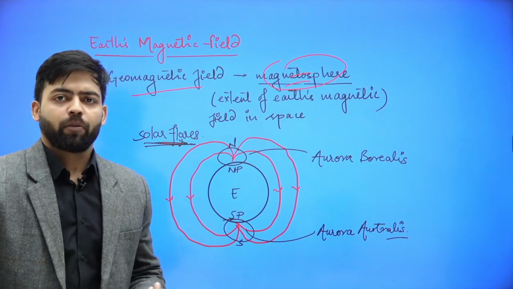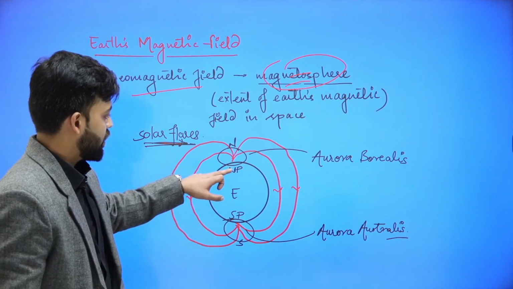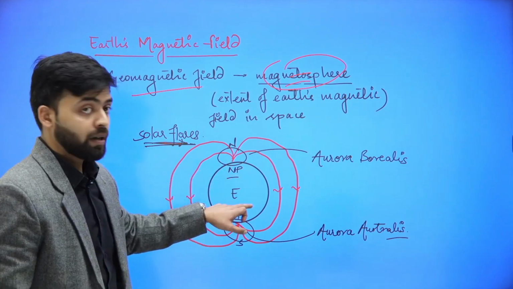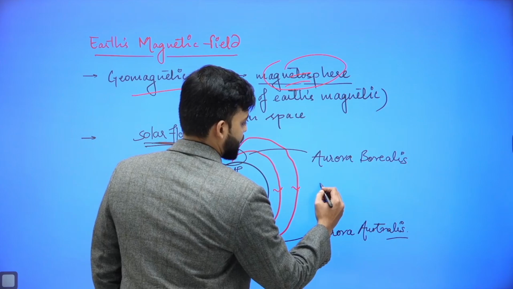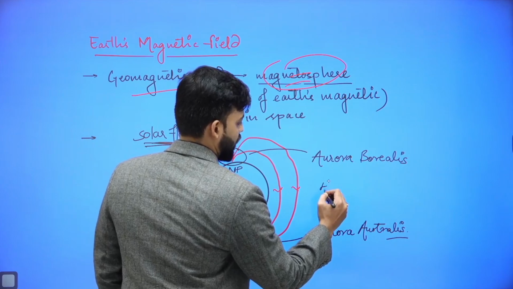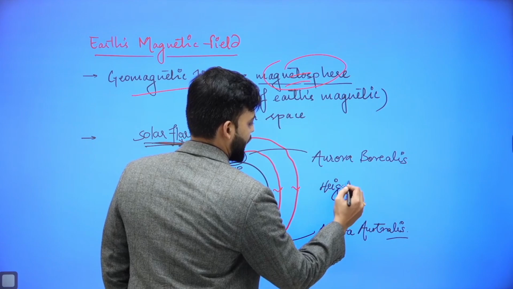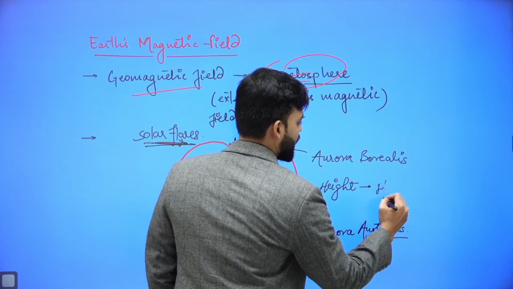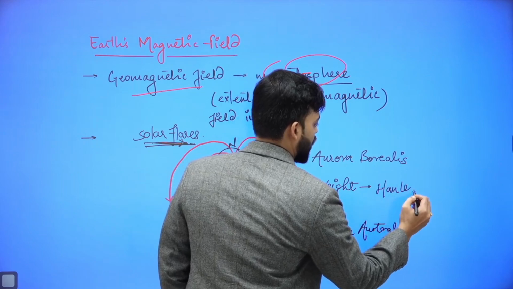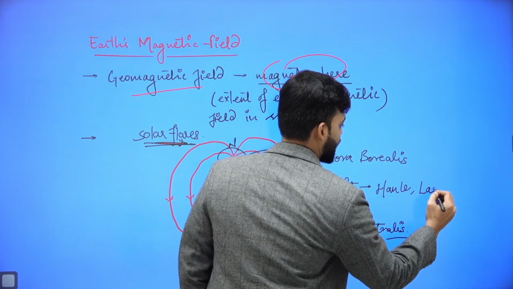Aurora is a unique phenomena which occurs around North Pole and South Pole, but they also occur in some of the elevated plateau. For example, recently aurora was observed in Hanle, Ladakh.